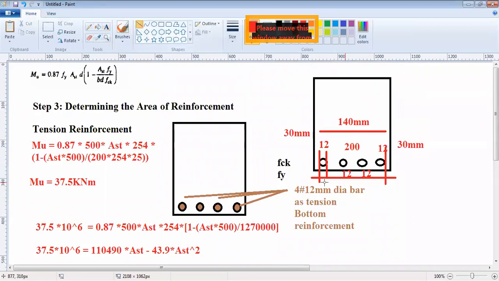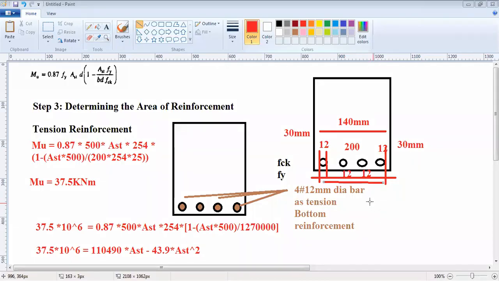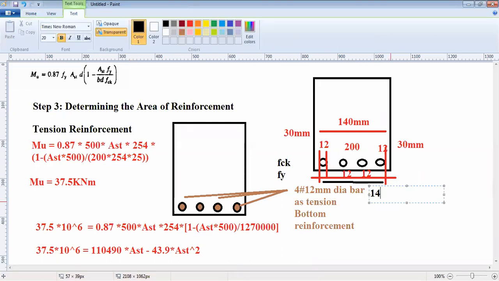From this point to this point, from the center of this to the center of this, how much is the total? This will be 140 minus 12 by 2 minus 12 by 2. So that will be 128 mm.